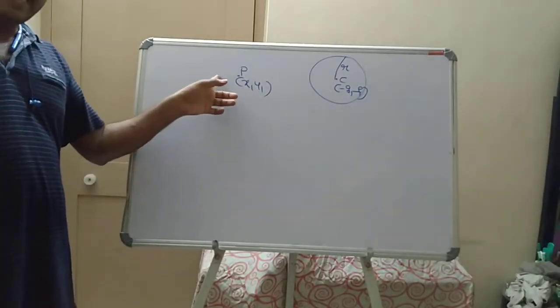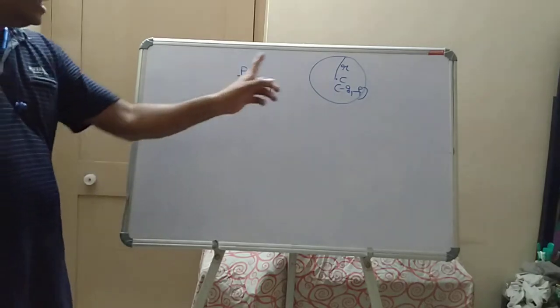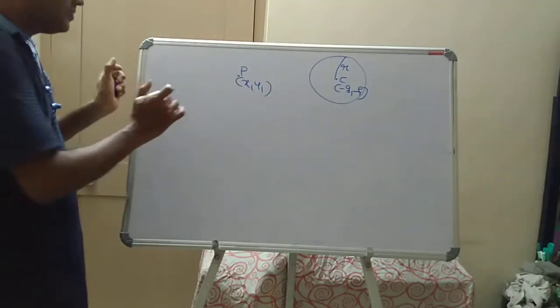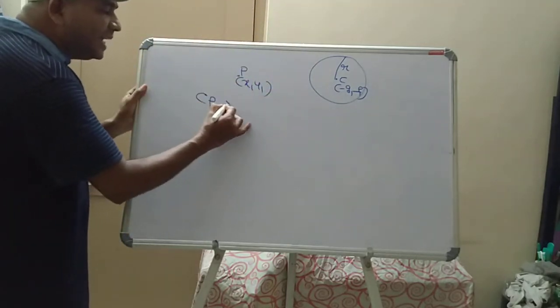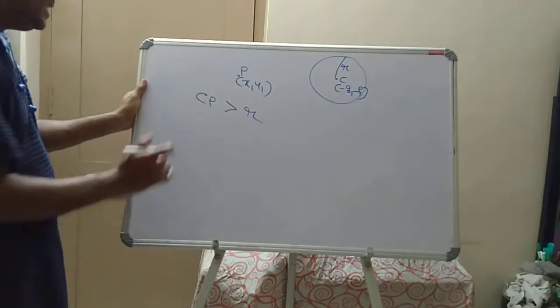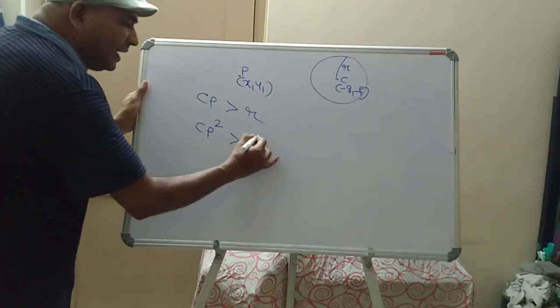Now P lies outside the circle, that means distance CP > R. Squaring on both sides, CP² > R².